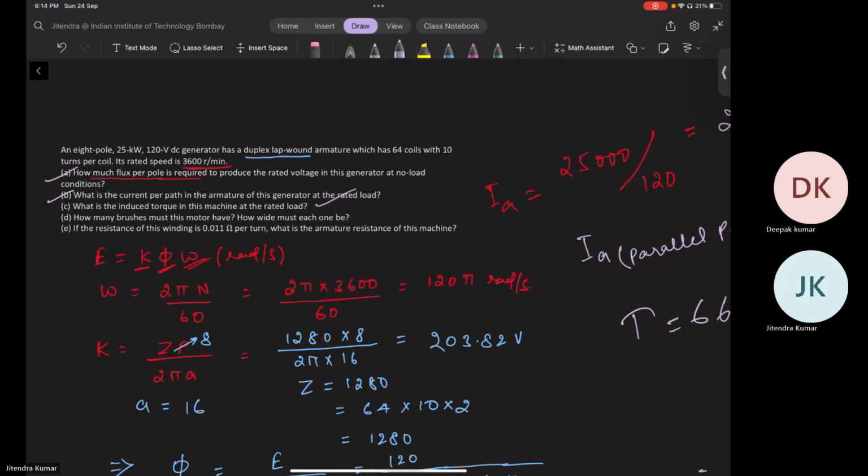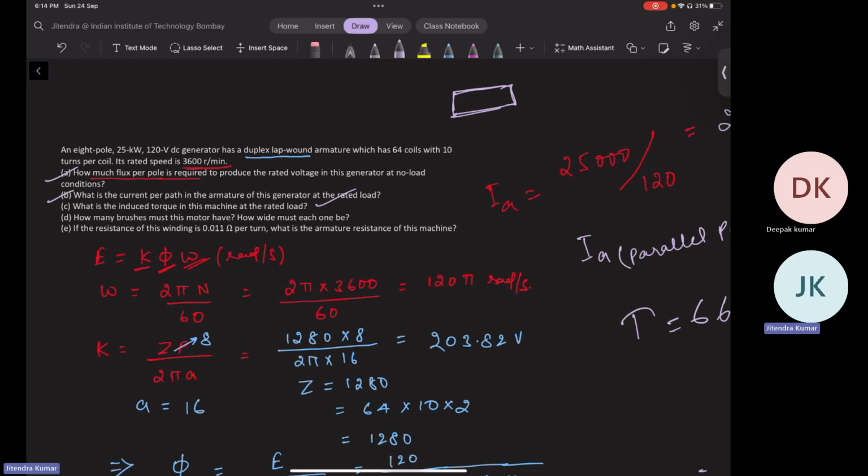In that case, one brush should be enough for two coils, right? Because both of the coils will be connected to the same slot.